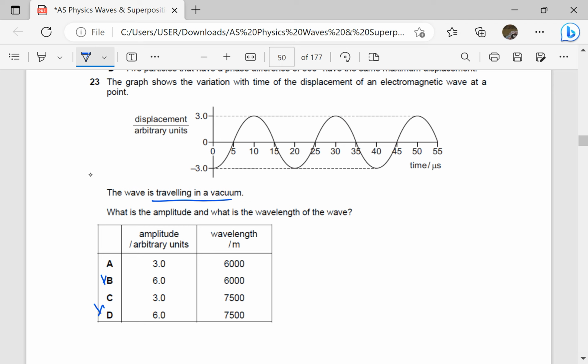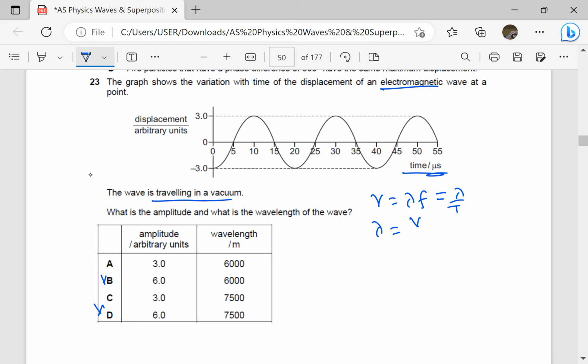Then the wavelength, we can check from here. No, there is no wavelength here. This is period. We can find the period. Since it is electromagnetic, v is equal to lambda times f. The wavelength is going to be v. By the way, this is the same as lambda over T.